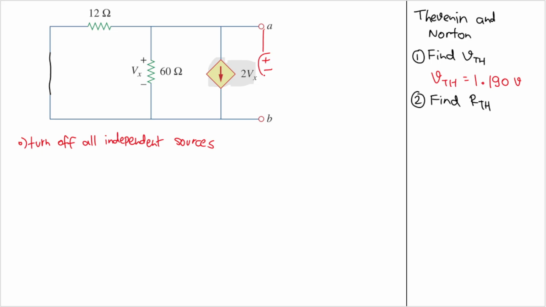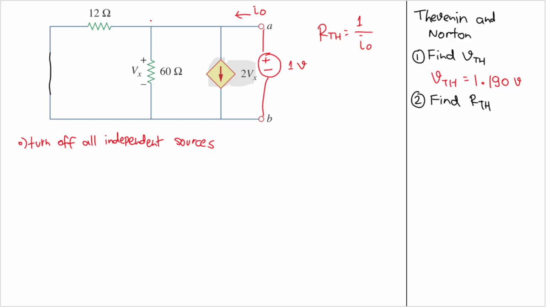Then we calculate this current here, let's name it IO, and we can calculate RTH from that. RTH is equal to 1 over IO, where 1 is 1 volt from the dummy source and IO is the current that goes there.